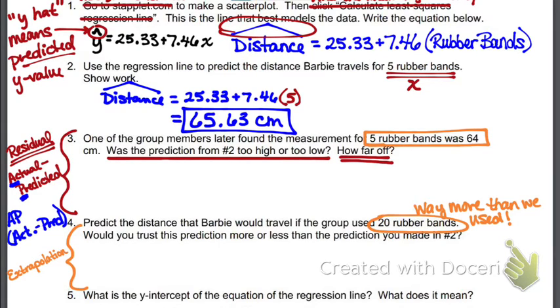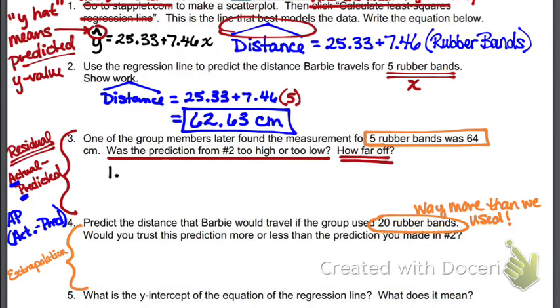Oh, thank you. I wrote the wrong number down. I'm so sorry. I had the 5 rubber bands stuck in my head, and so I wrote a number 5. I'm so sorry. 62.63. How far off is that prediction from the actual observed value of 64 centimeters?